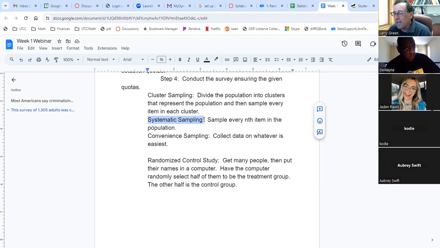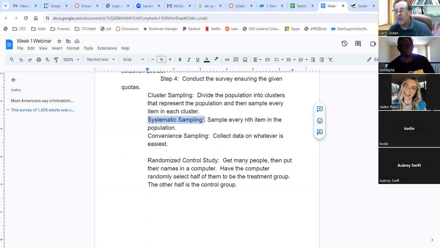So we wanted to make sure that we had a random sample of his towels. He had different places that were manufactured and different types of towels. So what we did is we took every 200th towel that came off the assembly line, and he tested those towels to see how good they were. That's called systematic sampling.